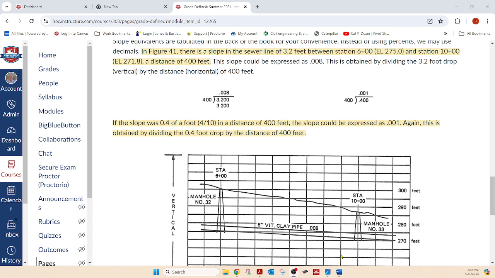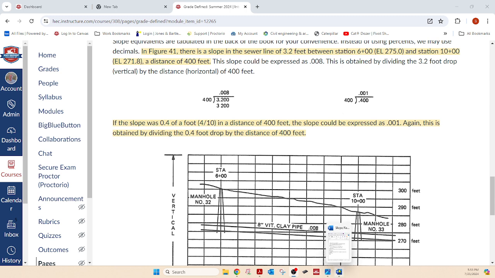This right here, I'm really thinking here, 0.0125. I'm going to take 0.0125 multiplied times 400. Nope, it just gets me back to the 5 foot.